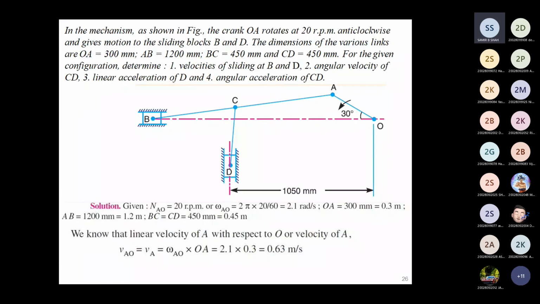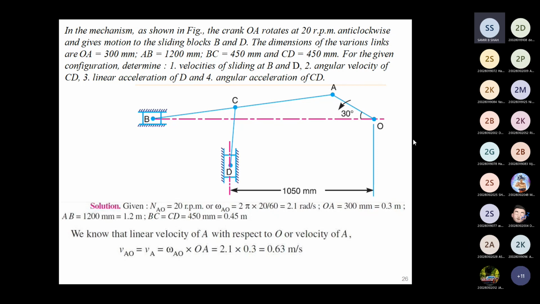Now the example, we already solved the velocity diagram of the current example. If you have not solved it, then please solve it.